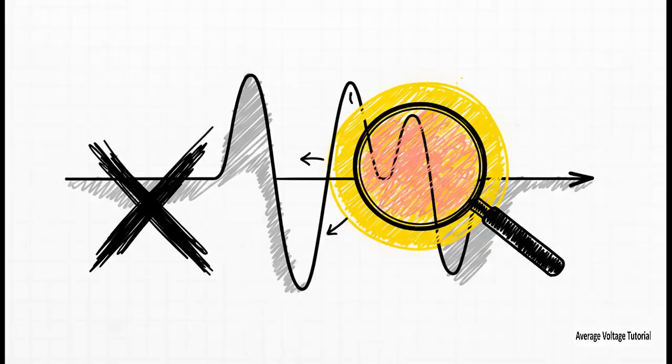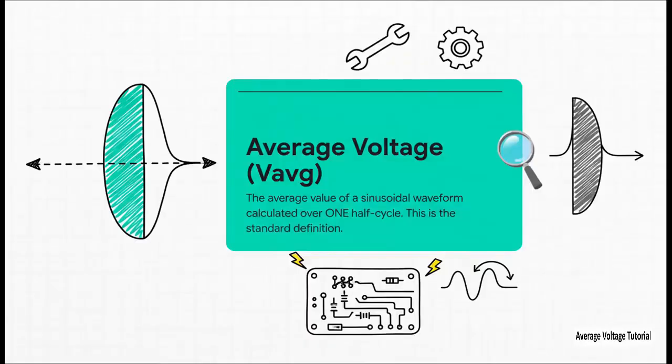We pretend it isn't there. By focusing only on the positive part of the wave, we get a meaningful non-zero average. It gives us a value that's directly related to how high the wave's peak is. And that is what becomes the standard definition. So from now on, whenever you hear an engineer or a technician talk about the average voltage of an AC signal, you'll know they're not talking about the whole wave. They mean the average of just one half of it.